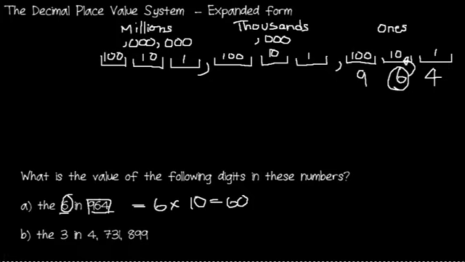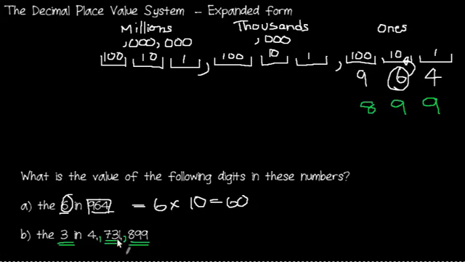Straightforward. That was a fairly easy example. Let's try the next one. I'll give a different color for that one. We're looking for the 3 in 4731899. But what are these anyway? Well, the first period is just the units, so that's 899. We can put those straight in, 899 units, or 899 ones, whichever one you want to call it. The next period, and the periods, remember, are separated by the commas that we have here.